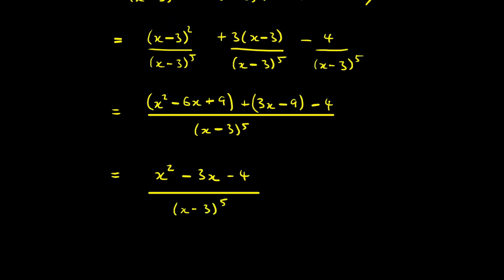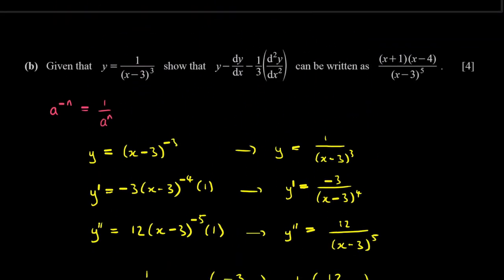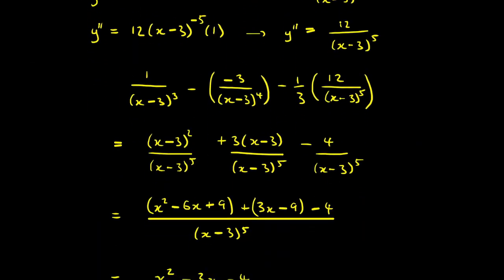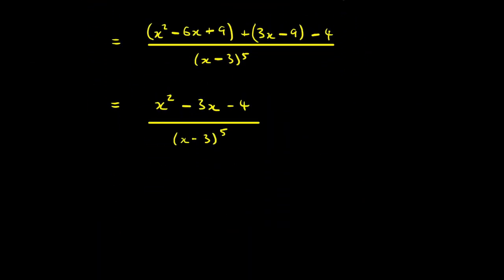Okay, and let's just see what we're supposed to get for our answer. Yeah, we're supposed to factorize, aren't we? Up here, they want us to factorize like that. Well, that's going to be fairly straightforward. We've got a quadratic here. Are we able to factorize that? Well, yes, we're looking for two numbers that multiply together to give negative 4 and add up to give negative 3.